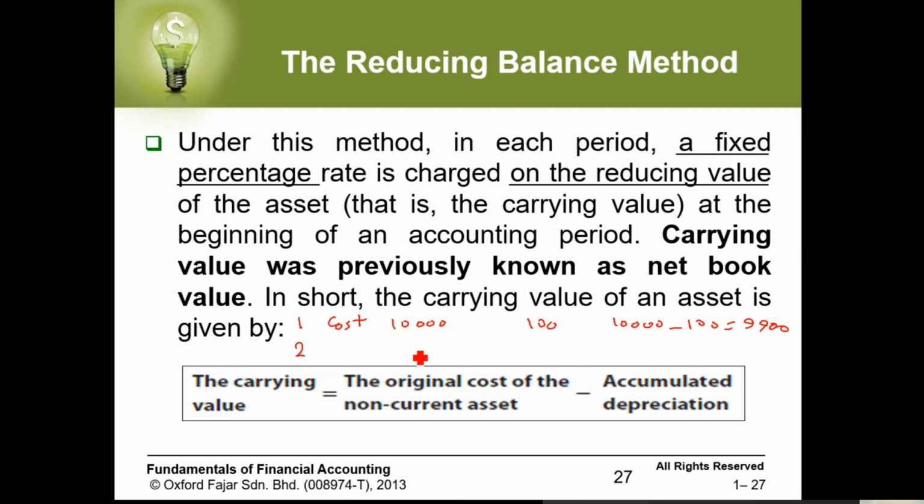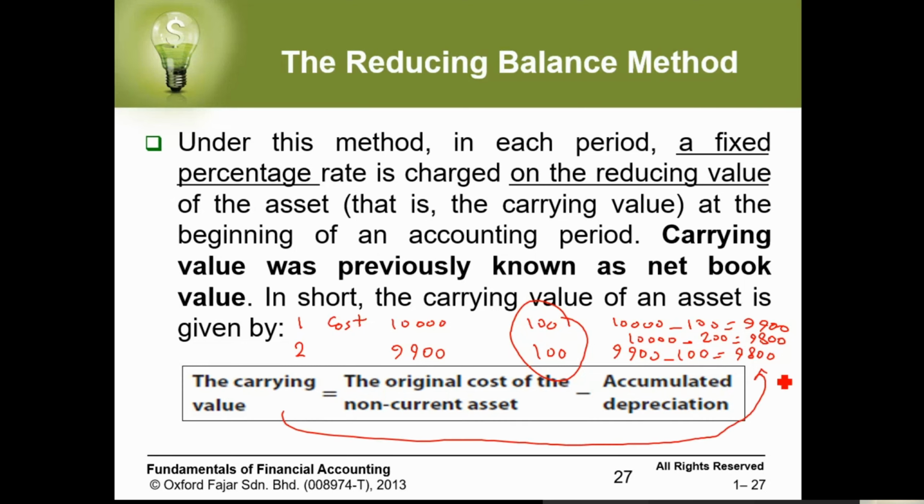For year number 2, now the carrying value is 9,900. We also want to calculate, let's say, 100 ringgit as depreciation. So the carrying value for the next year will be 9,900 minus 100, which will be 9,800. Or in other words, it is 10,000 minus the accumulated depreciation, which is 200, which will also equal 9,800.